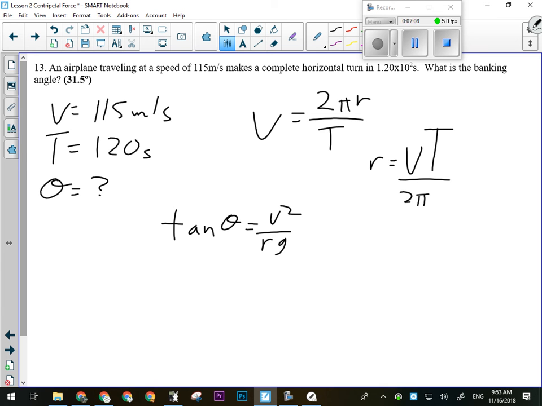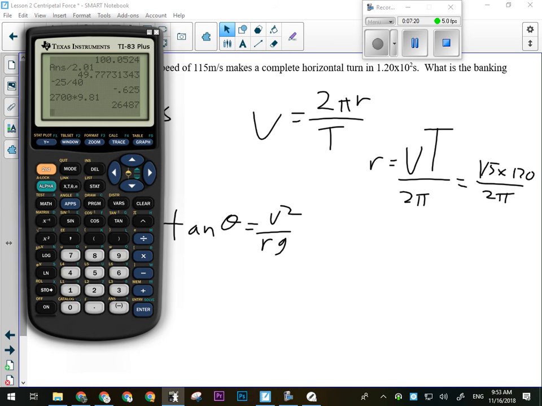So for this one, that will be 115 times 120 divided by 2 pi. So we're looking at a radius here of 2,196 point something meters.